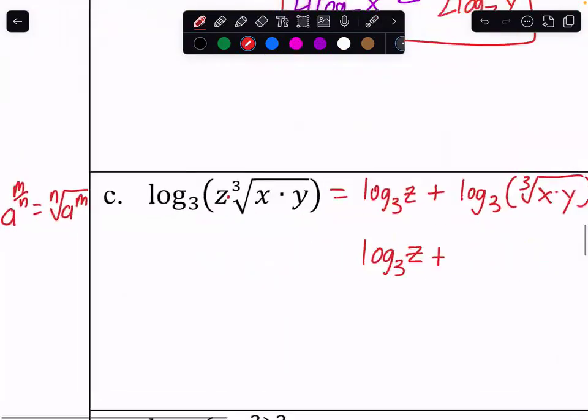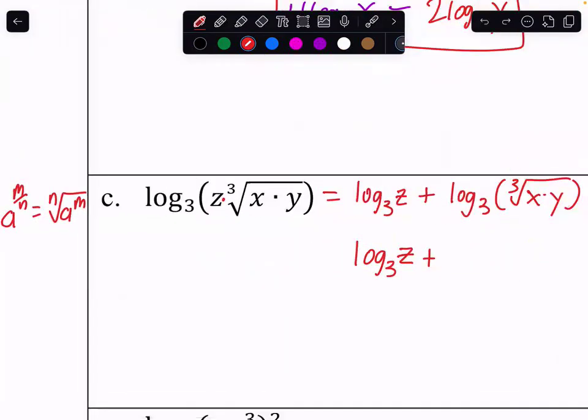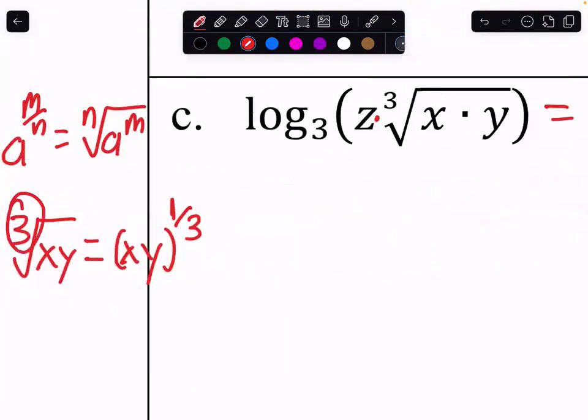Okay, so how that applies to this problem is the cube root of xy is equal to xy to the power of 1/3. Right, the 3 becomes the denominator.